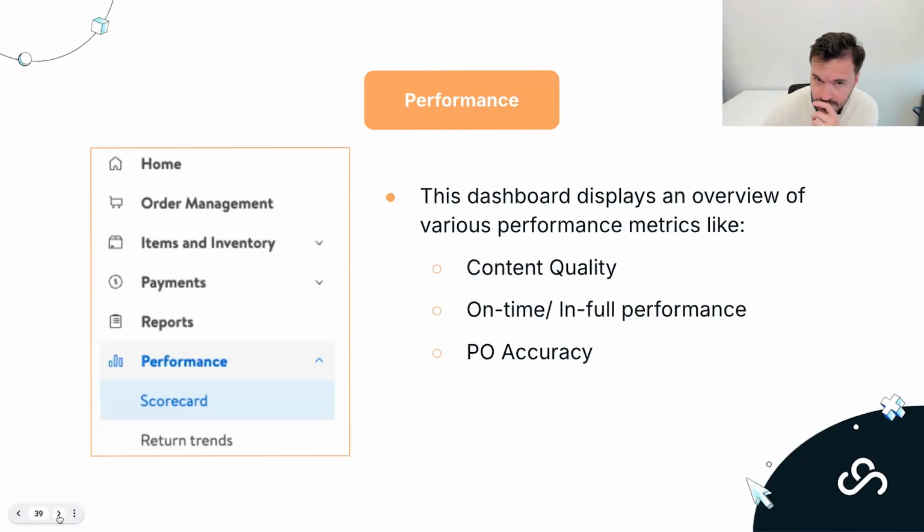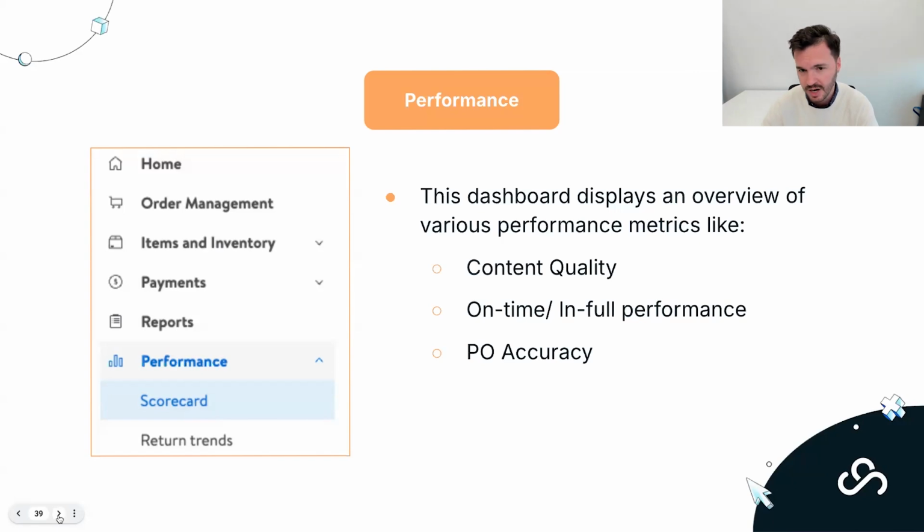So our last one here is the performance tab. This is basically pretty similar to the home tab, pretty similar to the old dashboard, the landing page for SupplierOne. It'll give you a higher level view of your content quality across the 9-digit or 6-digit supplier number, your OTIF performance and PO accuracy.